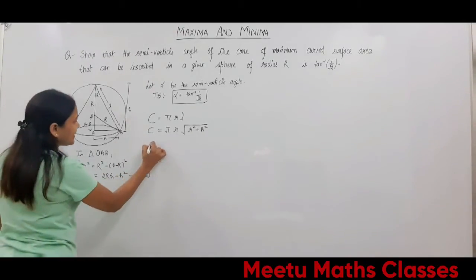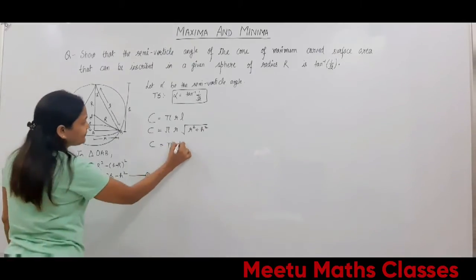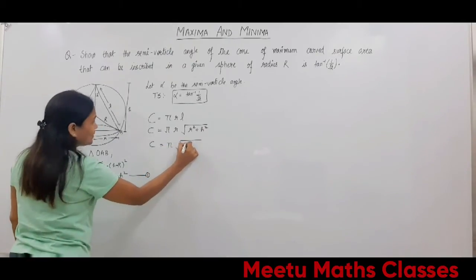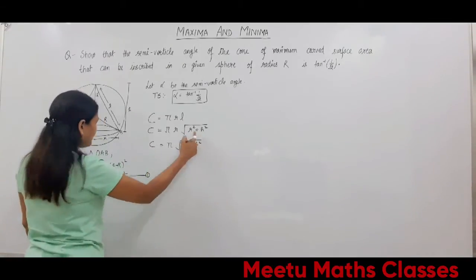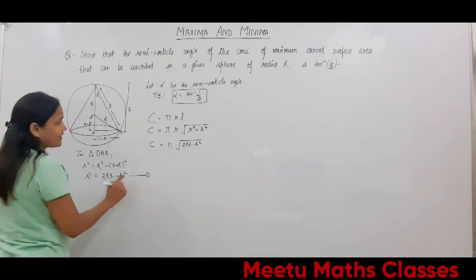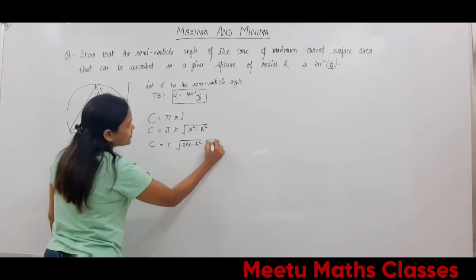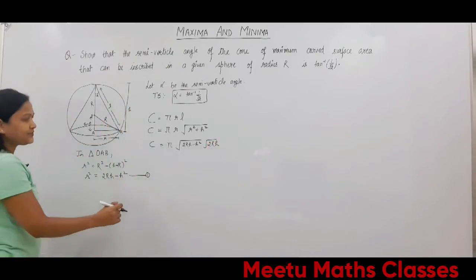So write down C as pi times root of 2Rh minus h square times root of 2Rh. So C is a function of h.